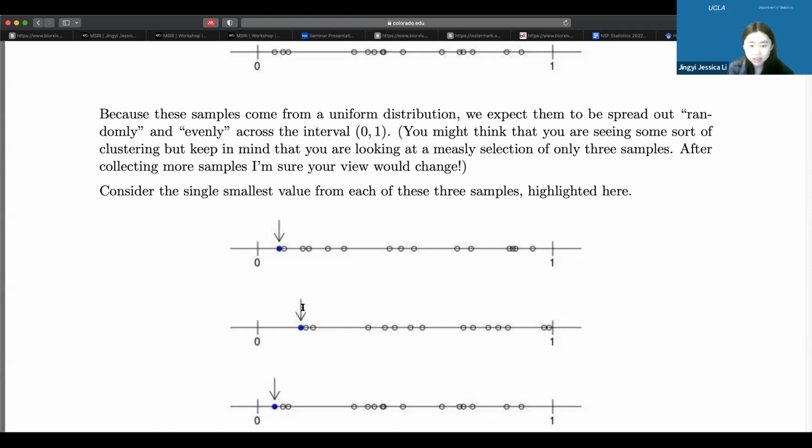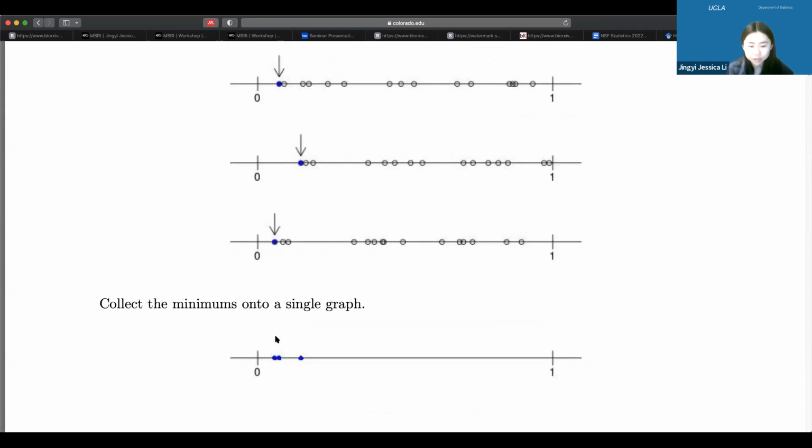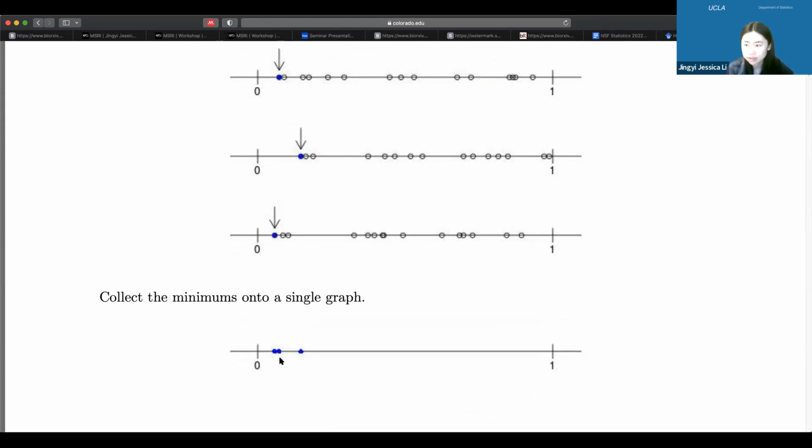And we are denoting these using the random variable X_(1). Then we pull those 3 realizations together, and if we do more and more realizations, we can get more dots here, and we want to describe the distribution of those blue dots, which indicate the realizations of the minimum, or the first order statistic. Does that make sense? Okay, so this is the intuition behind what we're doing, and so let's come back to the notes.